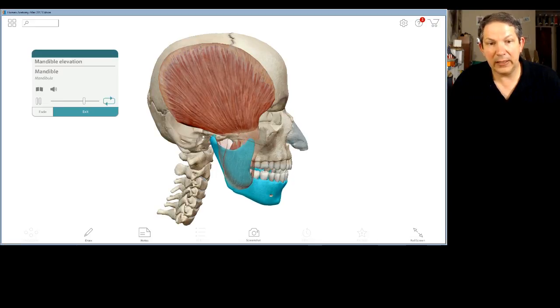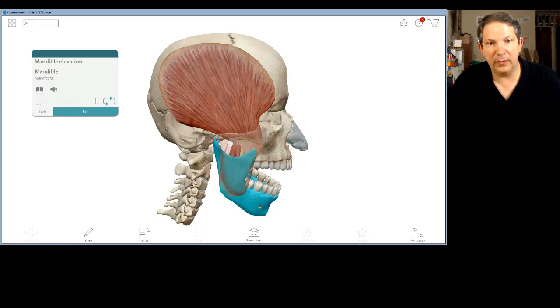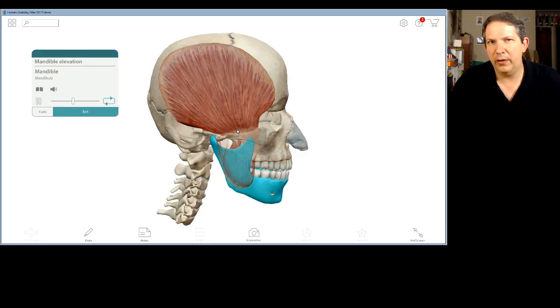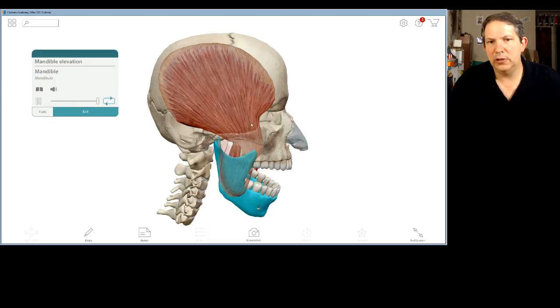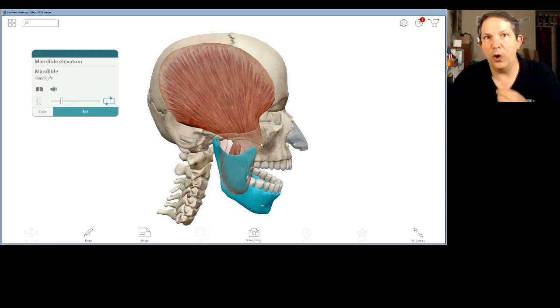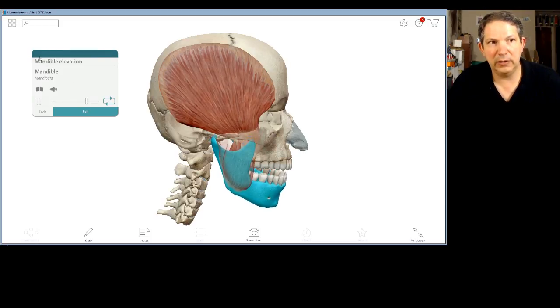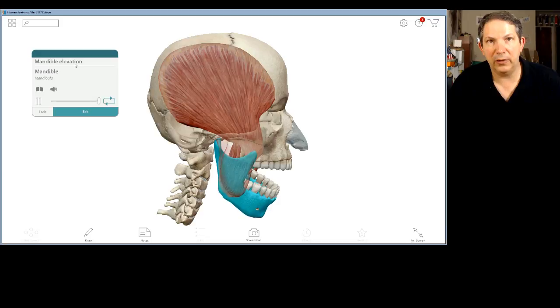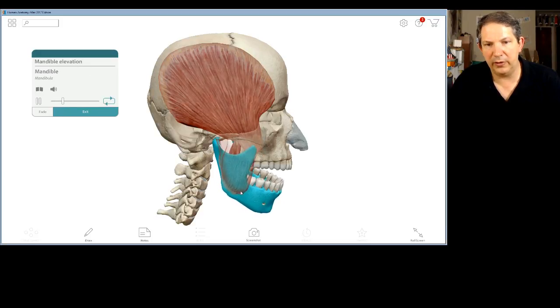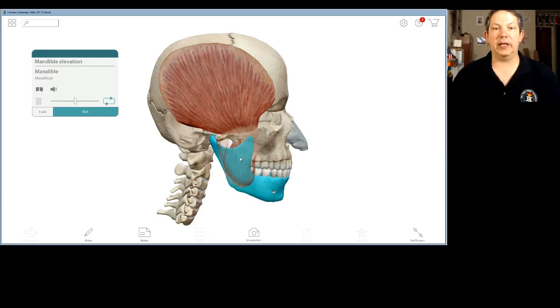And the action is here at the temporomandibular joint. Now, it might be a little bit tough to tell from this animation, but the temporalis muscle is not involved with opening the mouth. The muscle action we can read here is mandibular elevation, or closing the mouth. You're elevating the mandible, you're raising it up.